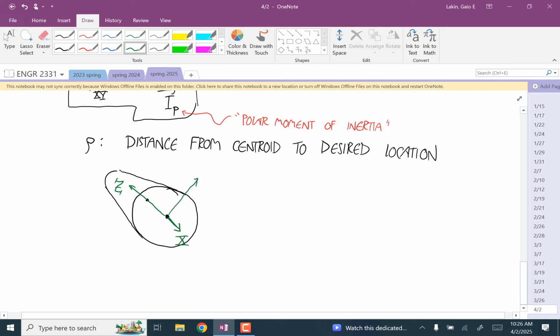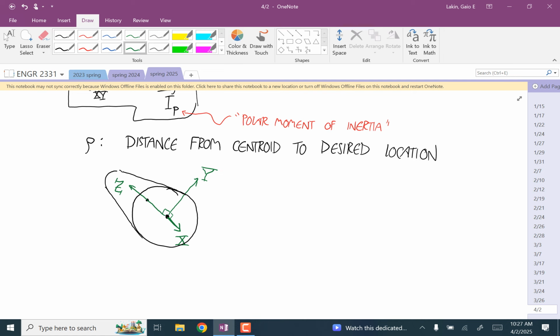And the temporary y-axis is perpendicular to that, following the right-hand rule. These are perpendicular to each other.